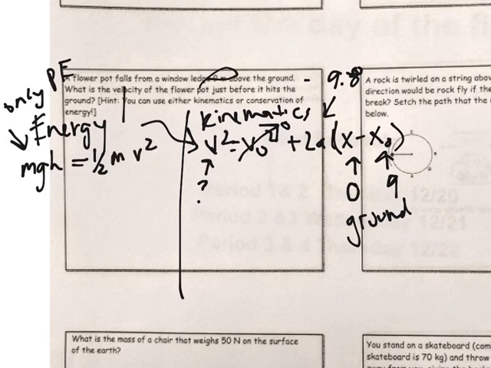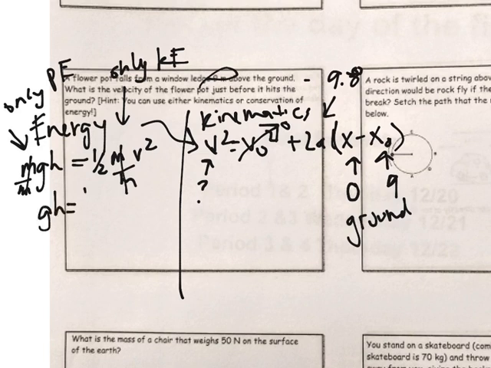So now it's only kinetic. So we know these two things must be equal to each other. If you have the same thing on both sides, if you divide it to get rid of it, you will get rid of both. So we just have GH is equal to 1/2 V squared.